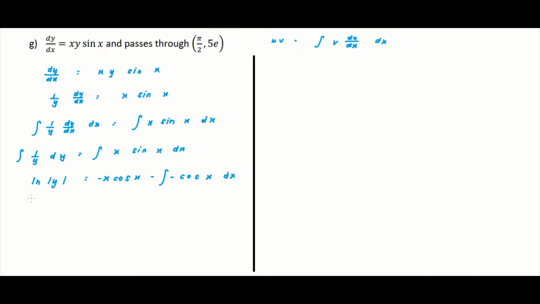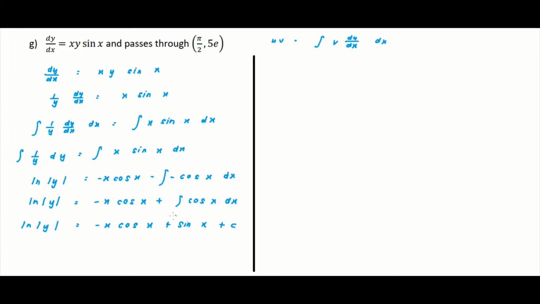Okay, so this is what you have, and ln y equal to negative x cos x plus cos x with respect to x. Okay, so now we can solve for the last part. So ln y equal to negative x cos x. Okay, so you have plus sine x, and then don't forget your plus constant.